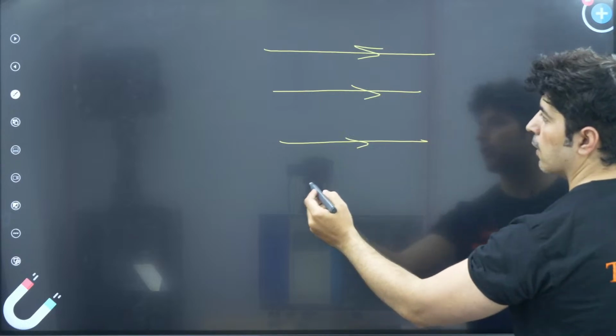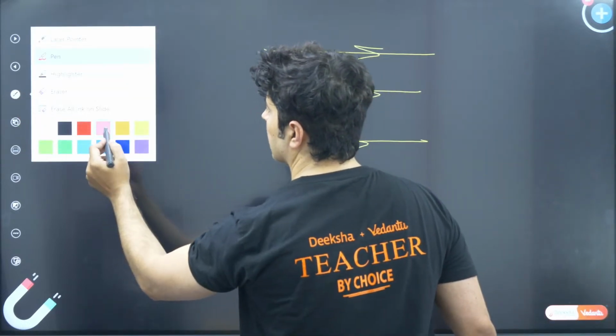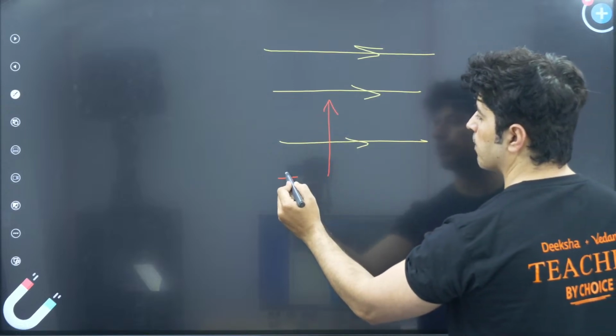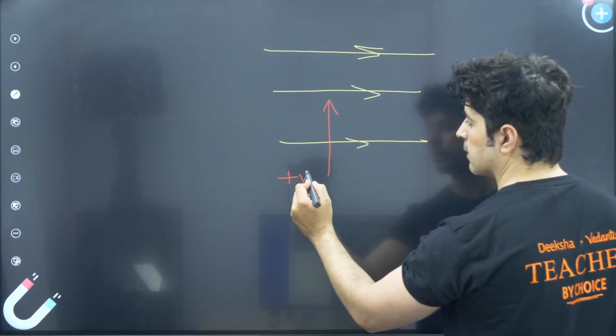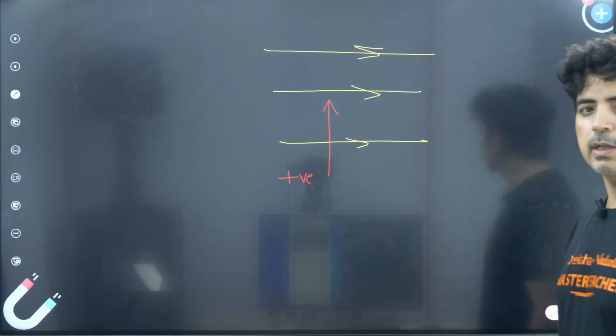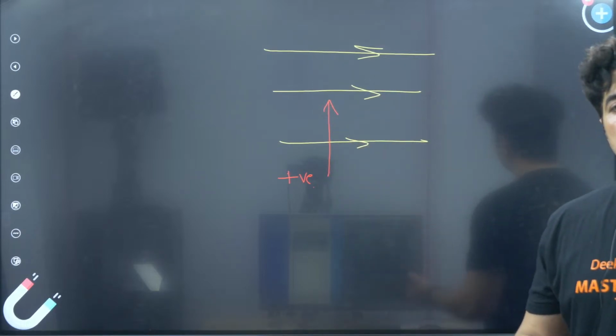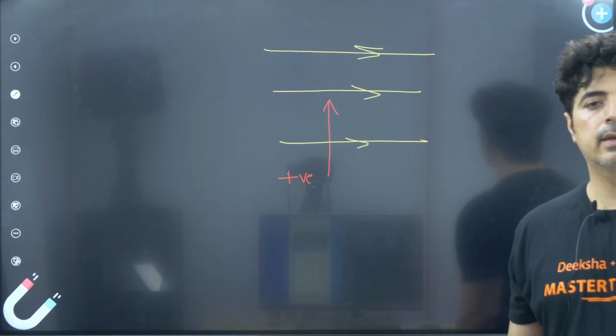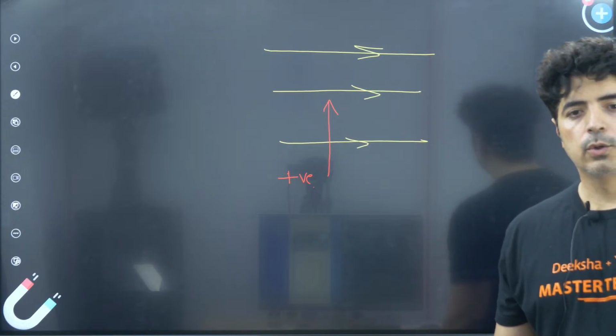Let's say we have proton. Proton or alpha particle, both of them positive charge. So any positive charge, when it is moving in this direction, then how are we going to find the direction of force? Fleming's left hand rule.